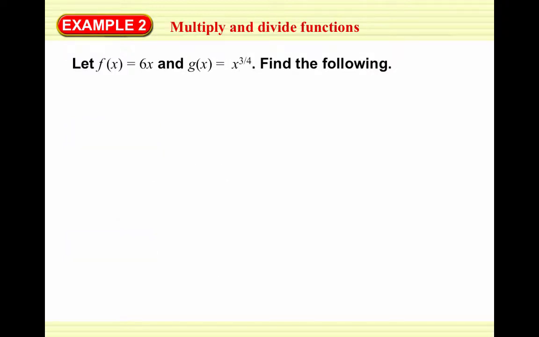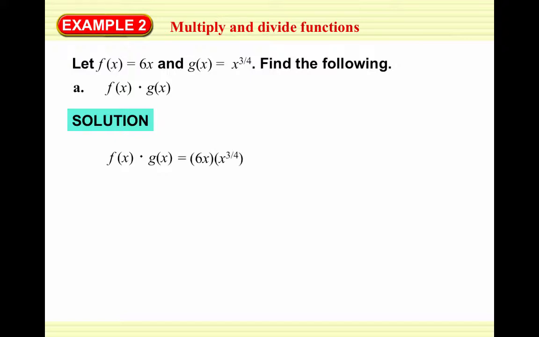All right, now we're going to multiply and divide. We've got f of x equals 6x and g of x equals x to the 3/4. So let's multiply them together. So we do f of x times g of x by replacing the function names with the function rules. So 6x times x to the 3/4.